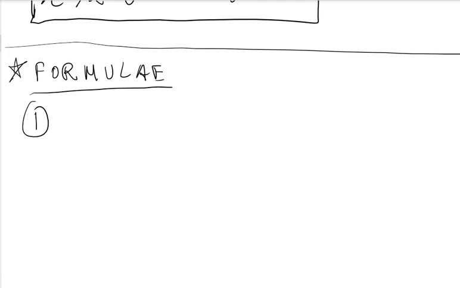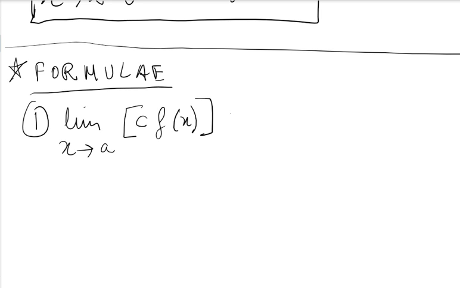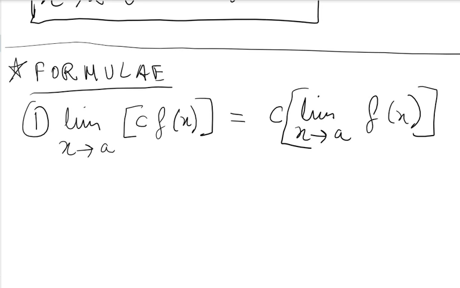First one: limit x tends to a, bracket c f of x. What is c? The c is a constant, can be written as c times limit x tends to a, f of x. Okay, alright, let's go on to the second one.